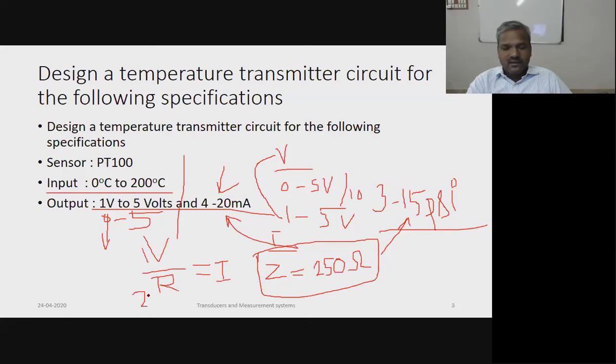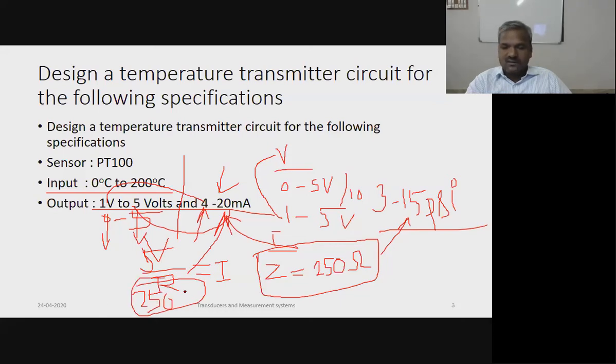So what do you get? 1 volt by 250 ohm will give 4 milliampere. Similarly, substitute 5 volt here: 5 volt divided by 250 ohm will give 20 milliampere. Okay. So to convert the standard voltage signal to the standard current signal, we use the standard instrumentation resistor.